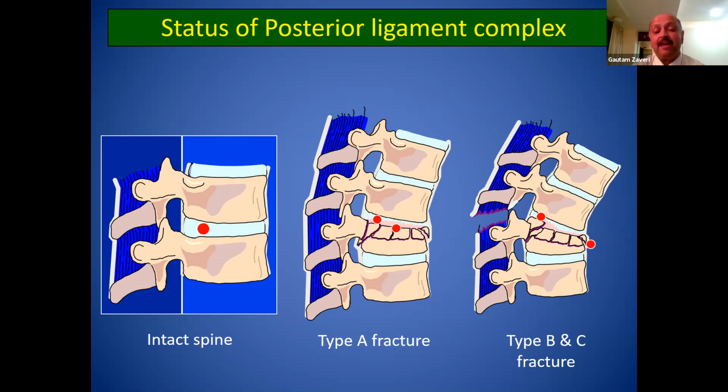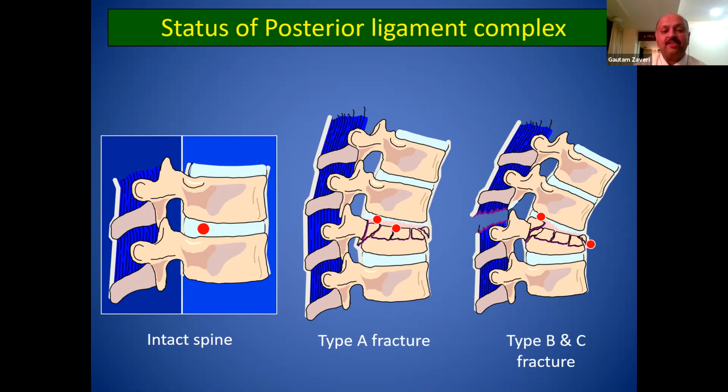However, in a type B and C injury where the PLC is disrupted, the instantaneous axis of rotation moves anteriorly and inferiorly, so that the lever arm for the posterior ligamentous complex increases, the kyphosis therefore worsens, and there is a huge amount of flexion instability.